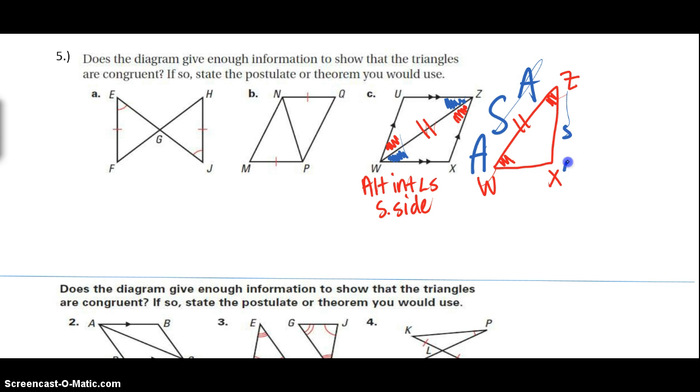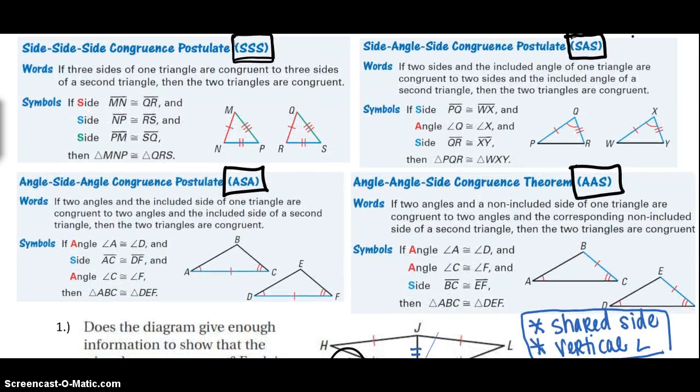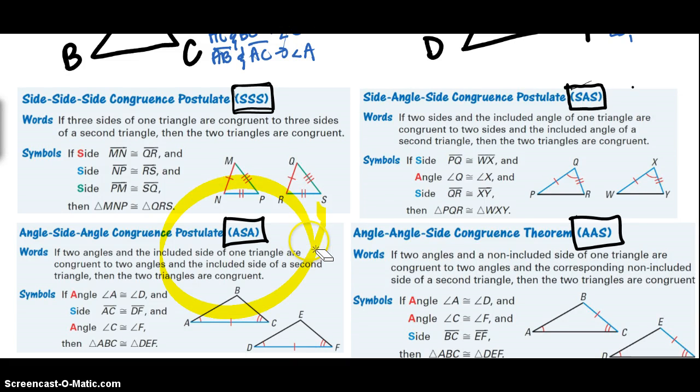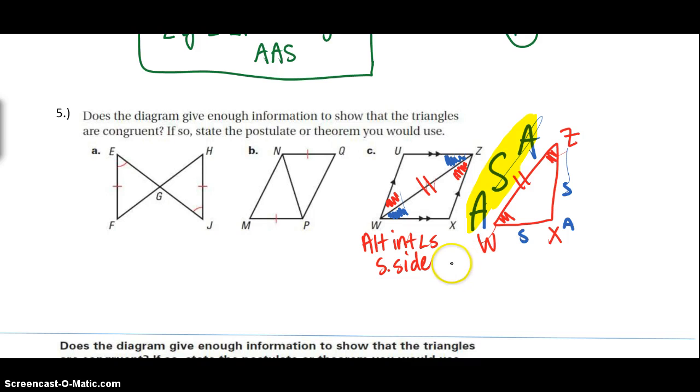And then if you look, I have to make these small. Okay? So look at what this is. Angle, side, angle. Is that a postulate we can use? Let's go and look. Is angle, side, angle a postulate we can use? Absolutely. It's right here. We can totally use it. So going down here, we would say, yes, by angle, side, angle. Okay?